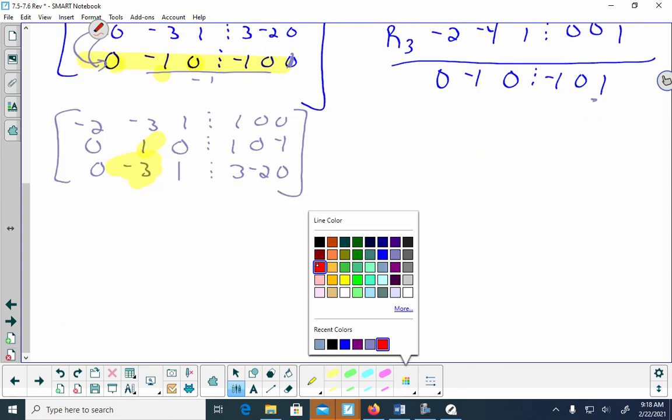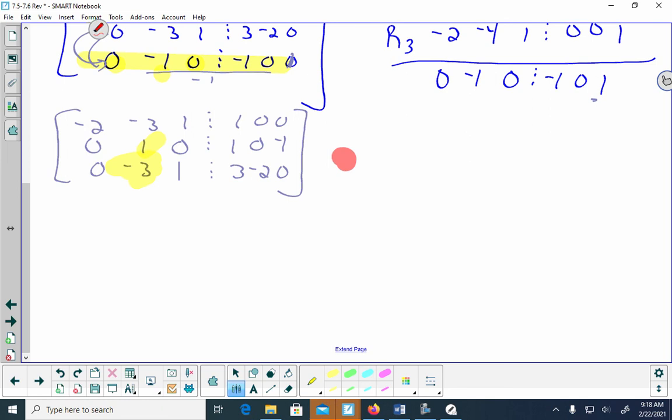So when I do that, 3 times row 2, actually. So 0, 3, 0, 3, 0, negative 3.